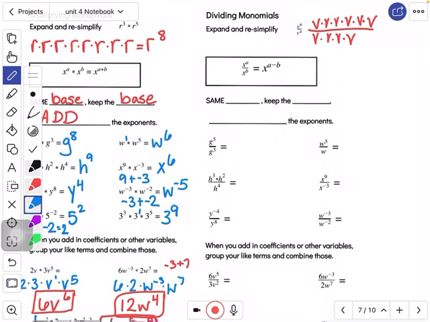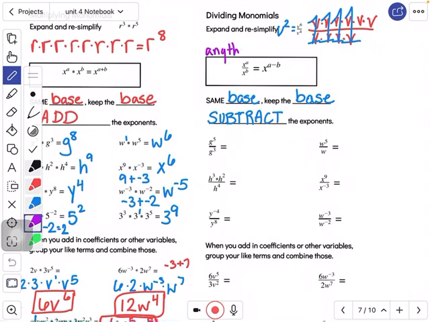So v divided by v is 1. V divided by v is 1, and so on for each pair. You are left with v squared. So, same base, keep the base, subtract the exponents, right?